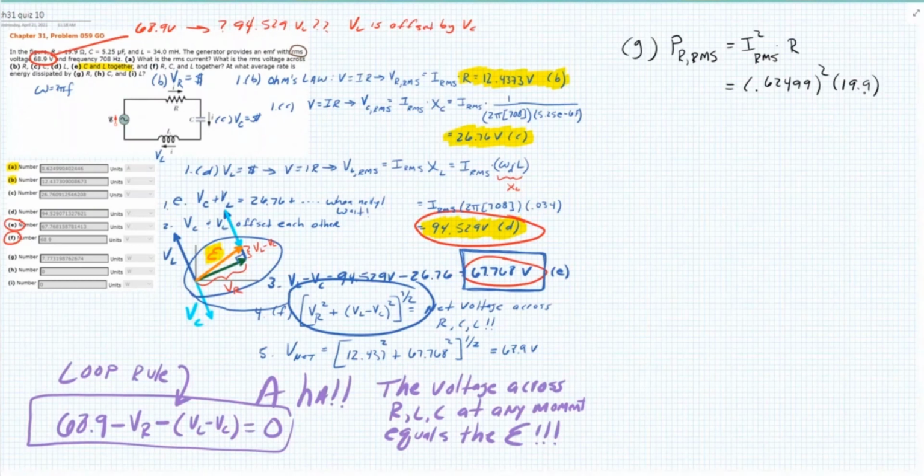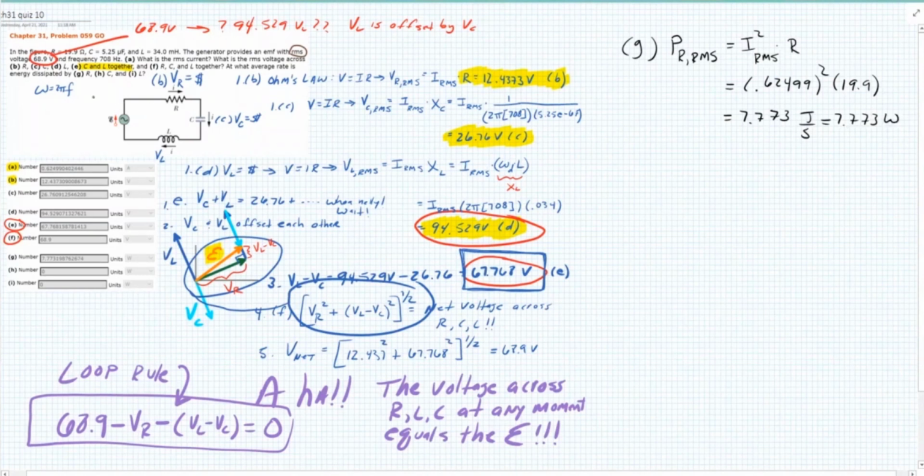I squared times 19.9. This is how much heat gets generated. This is the number of joules per second, 7.773 joules per second, or 7.773 watts. That's how much heat's getting generated by that resistor.